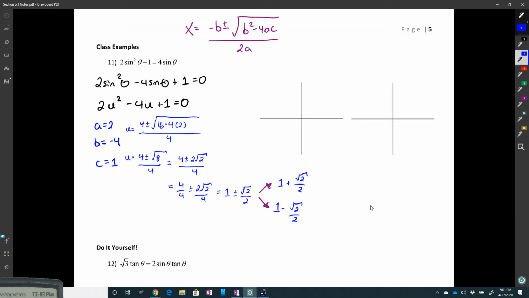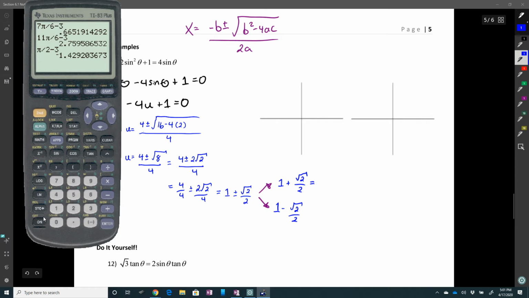Okay, so 1 plus square root of 2 over 2, there's my calculator, is about 1.71. And then 1 minus square root of 2 over 2 is about 0.29.